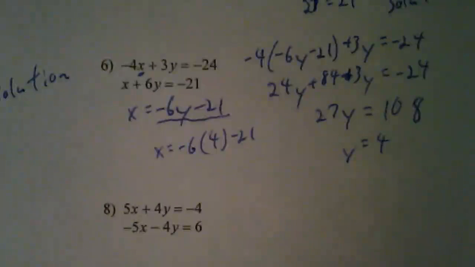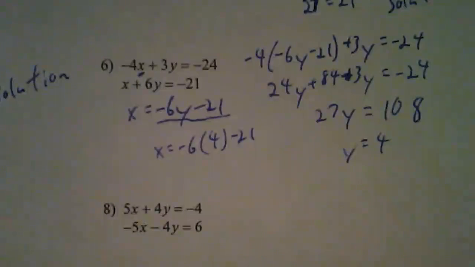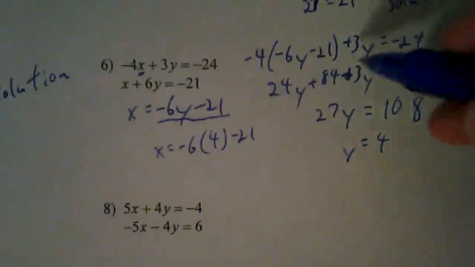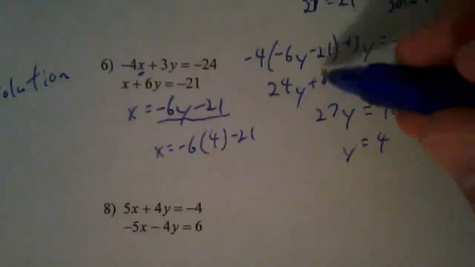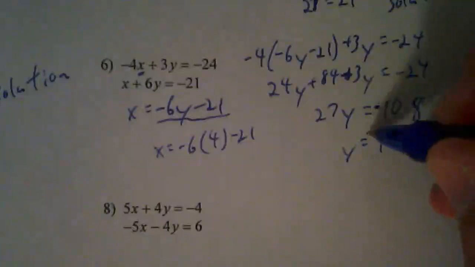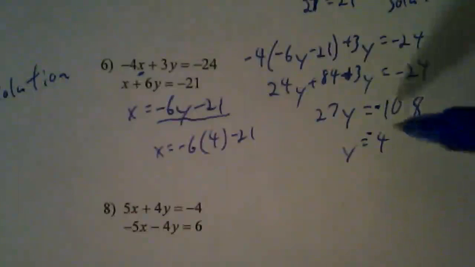Wait. I forgot a negative. Yep, I forgot a negative. 24 was negative. We brought this number across, and we subtracted the 84. So this was negative 108. Then when divided by 27, gave us negative 4.